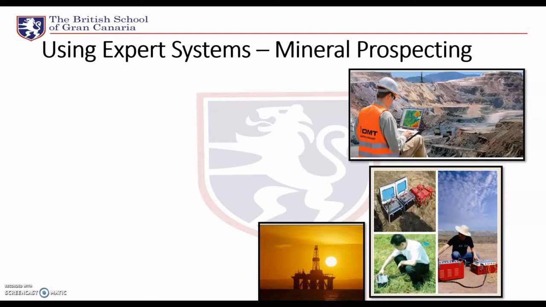You may have come across a TV programme, I think called Aussie Gold Hunters. These people go into the outback of Australia at certain times of the year, because the outback can get very hot, or it can rain a lot, and the weather's just not fit for humans.